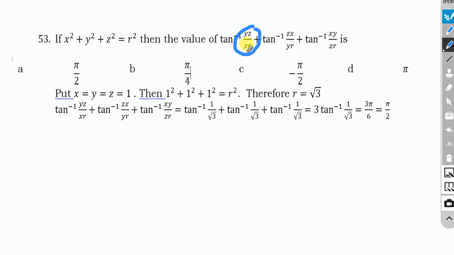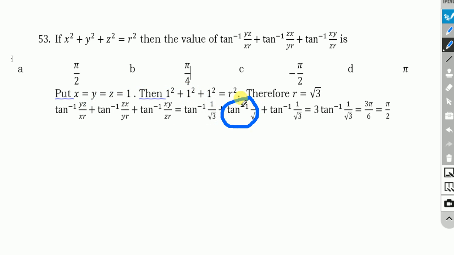I am considering tan inverse of yz by xr plus tan inverse of zx by yr plus tan inverse of xy by zr. Put x equals y equals z equals 1 and r is equal to root 3, that is 1 by root 3. Similarly the second term is also 1 by root 3, the third term is also 1 by root 3.